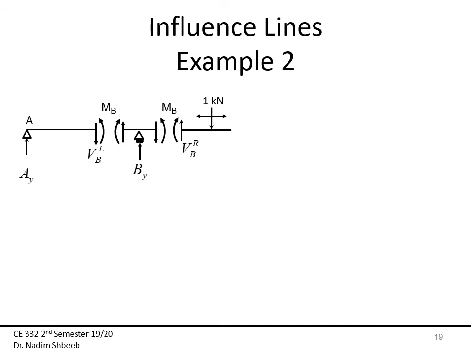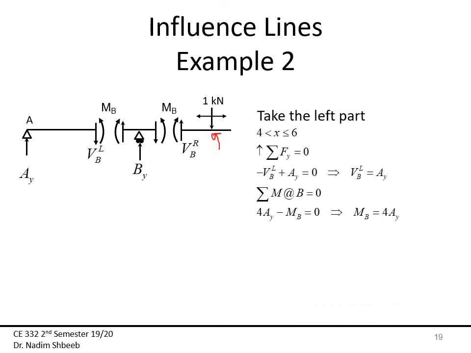Now, when the load is in this section here, I'm going to take the left part. Why? Because I'm going to do summation of Fy, and then VB left, which is this one, plus AY is equal to 0, then VB left is going to be equal to AY.